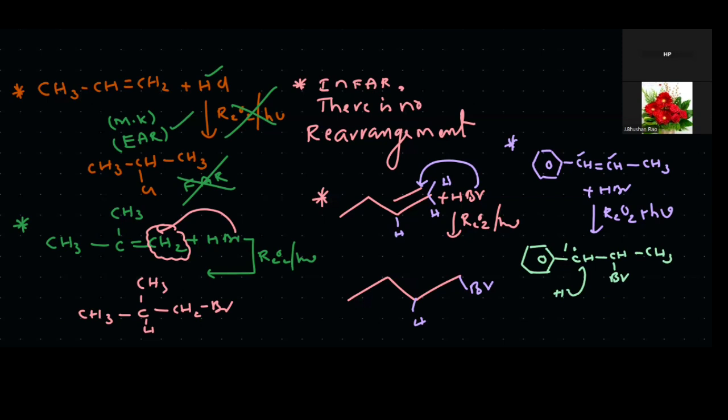So this is another condition. Next example is a simple one only. Cyclohexane with a CH2 double bond, here C double bond, it is a CH2 group.